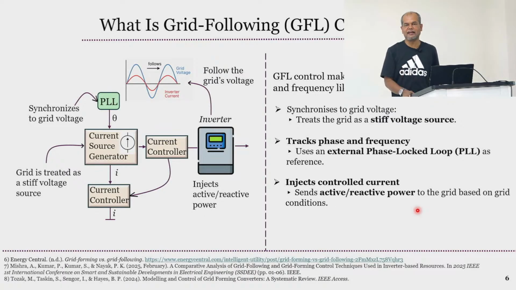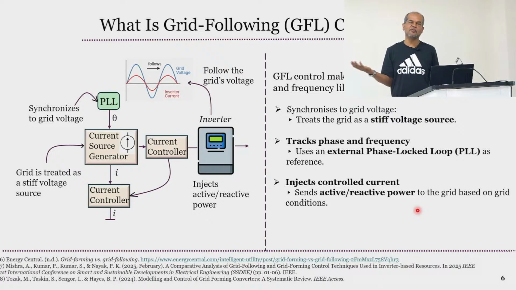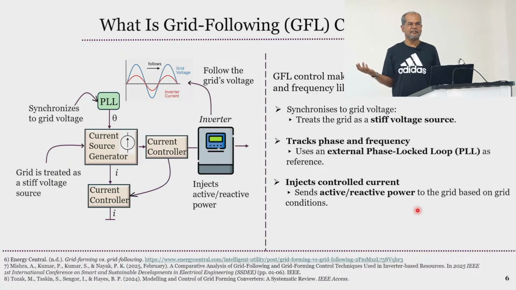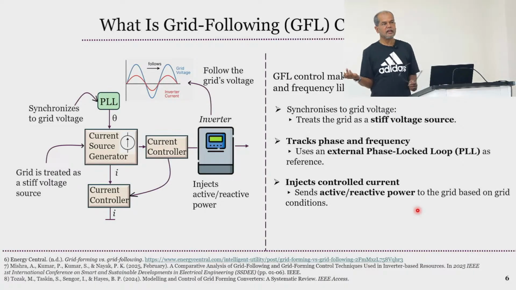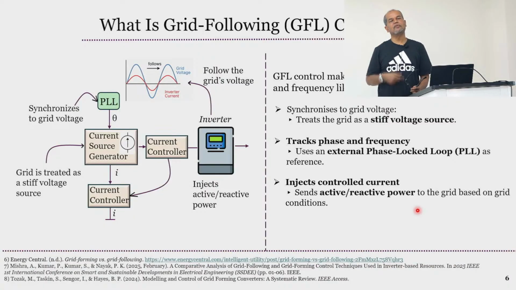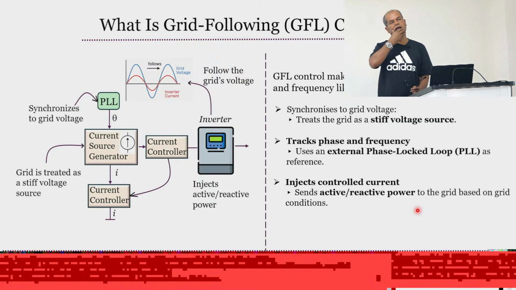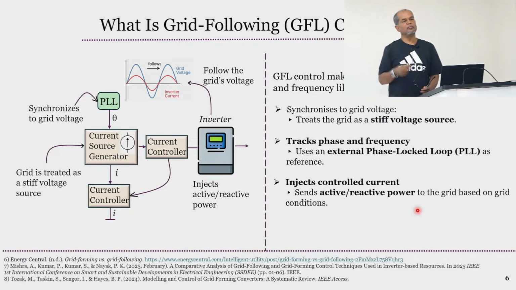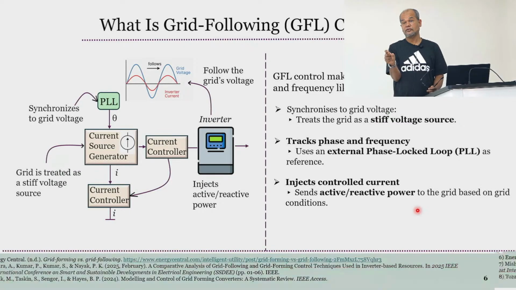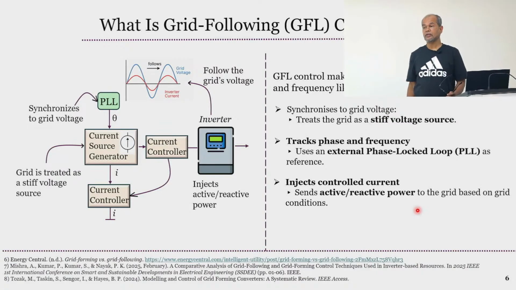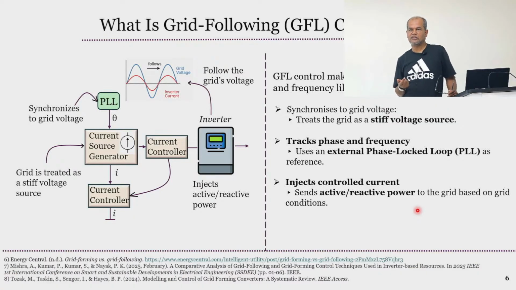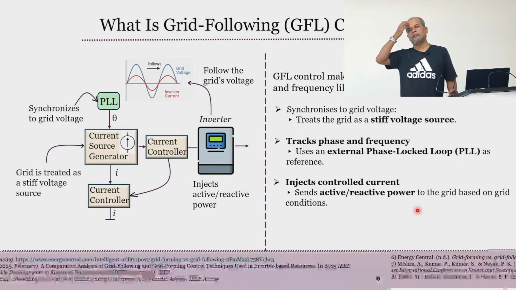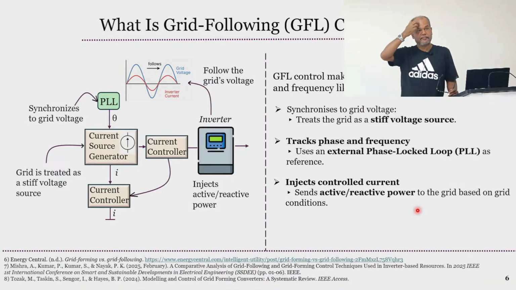If you give reactive power, there is still no reactive power market, right? So you're not going to get any payment. But sometimes, to stabilize the voltages under grid conditions, you are actually forced to give some reactive power. But when you give reactive power, you are compromising your active power, right? Let's say your capacity is 10 kVA.